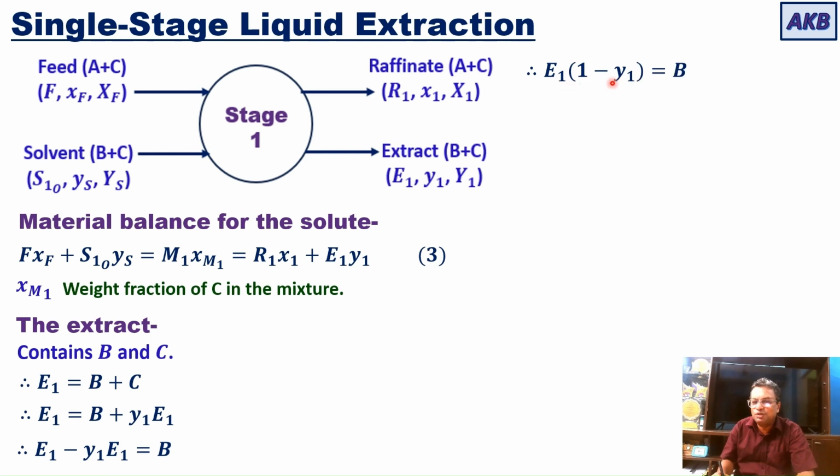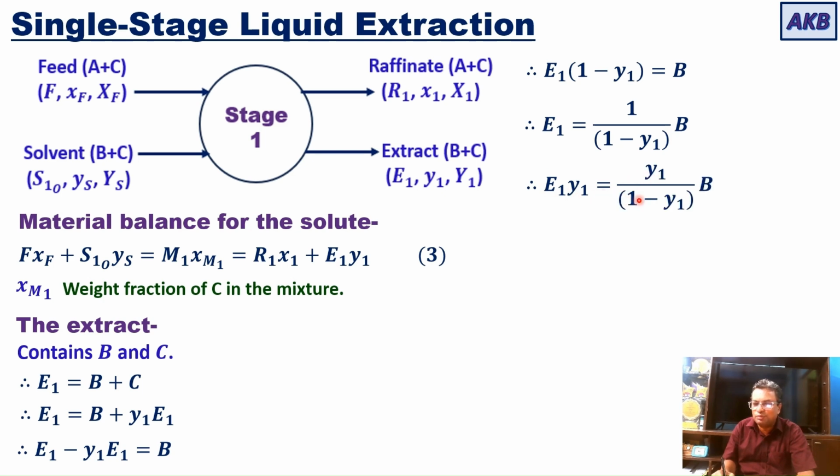So it will be E1 into 1 minus Y1 equal to B, that is E1 is equal to 1 upon 1 minus Y1 into B. Now let us multiply by Y1 on both sides. So it will be E1 Y1 equal to Y1 upon 1 minus Y1 into B. And now Y1 upon 1 minus Y1 can be replaced. This is nothing but capital Y1, the weight fraction of C in the extract phase on a C-free basis.